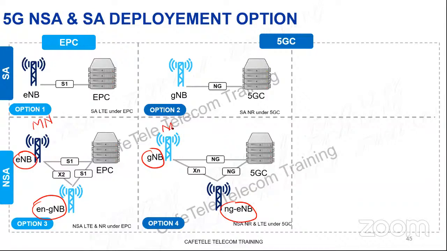Now master is G node B. E node B connected to the core network via S1 interface. Here it's connected to the NG interface. G node B is connected to the next generation E node B via XN interface, and next generation E node B is connected to the 5G core via NG interface.